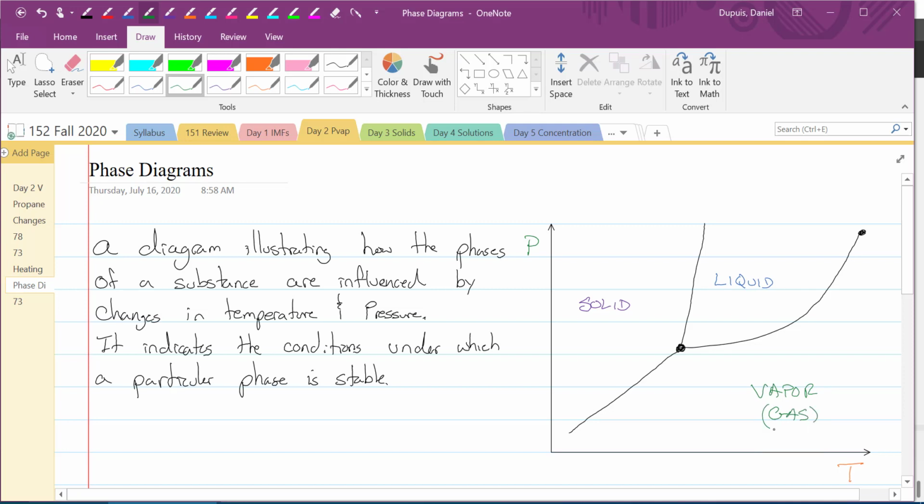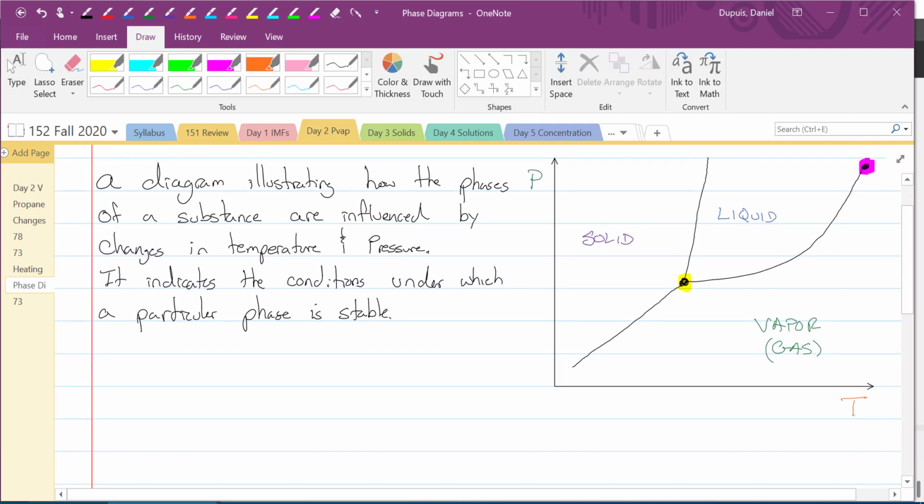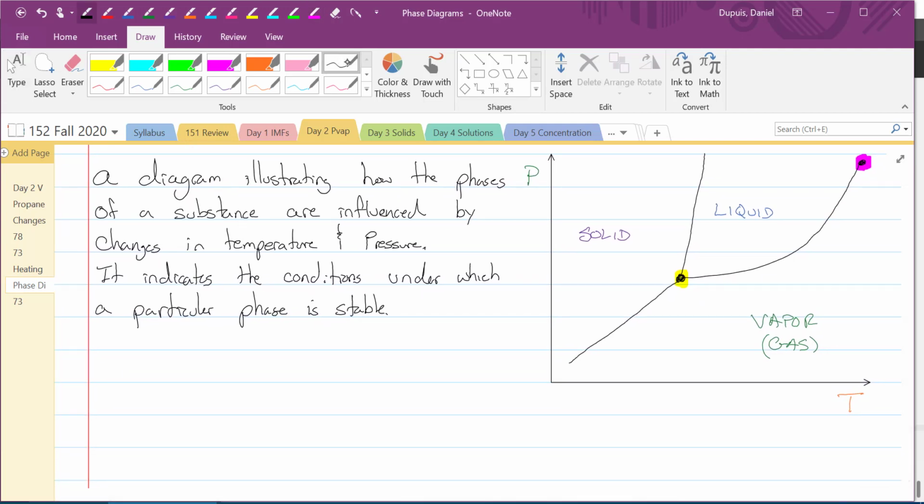Alright, now there's the 2 points. There's this point, and there's, well, let's use yellow there, we'll use green. Yeah, this one. And this one. Those are the 2 points. Alright, so let's talk about the areas.